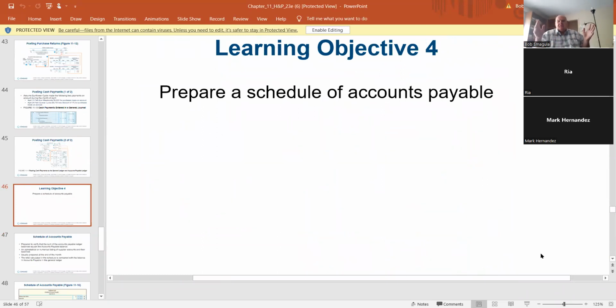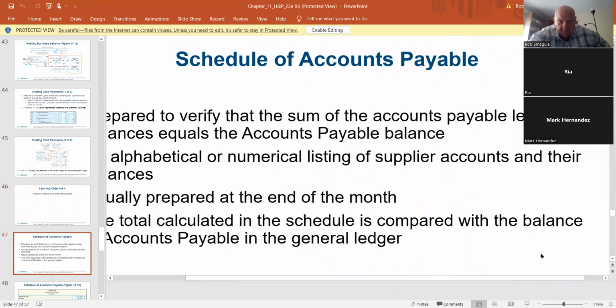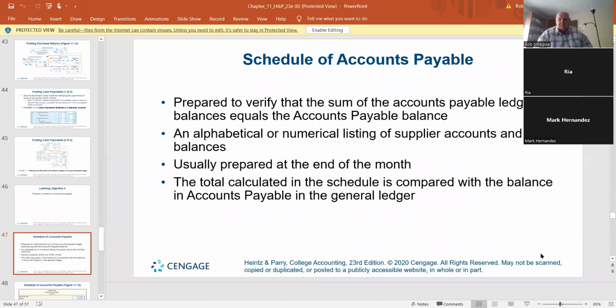Now we're just about done with the accounts payable cycle. Now we're going to prepare the schedule of AP, just like we did the schedule of accounts receivable. And this is just going to be an alphabetical listing of all the people to whom you owe money. And it's prepared to verify that the sum of the accounts payable ledger equals the accounts payable balance.